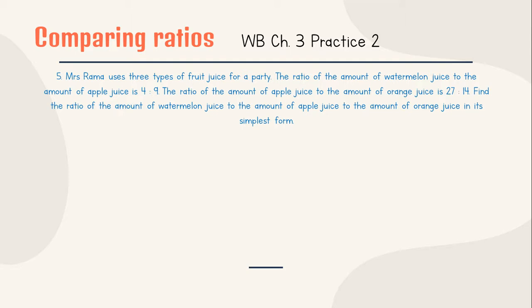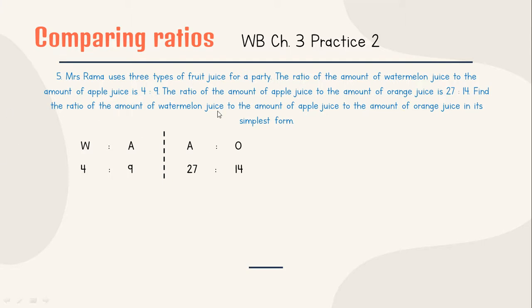Mrs. Rama uses 3 types of fruit juice. And we know that the ratio of the amount of watermelon to apple is 4:9. And then we have another ratio, apple to orange is 27:14. And the question will ask you the ratio of watermelon to apple to orange.